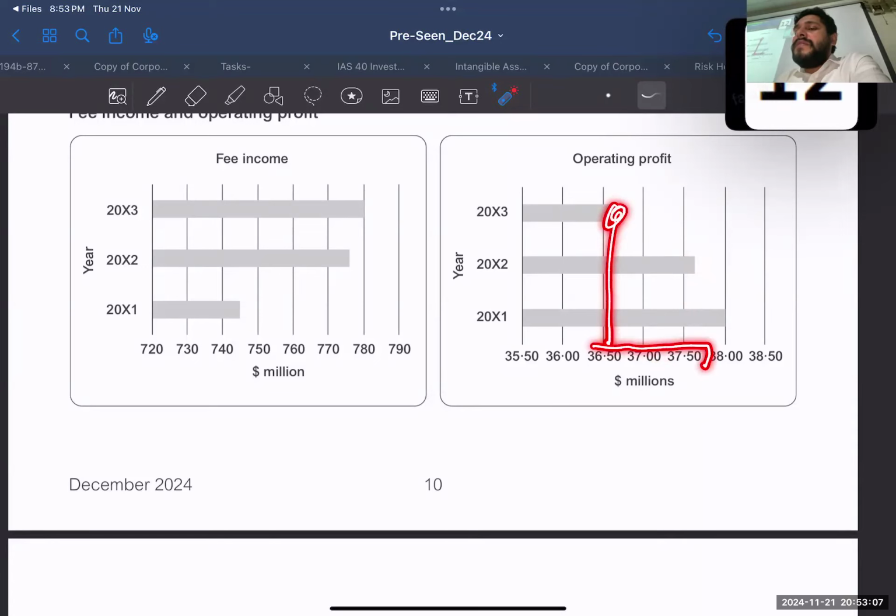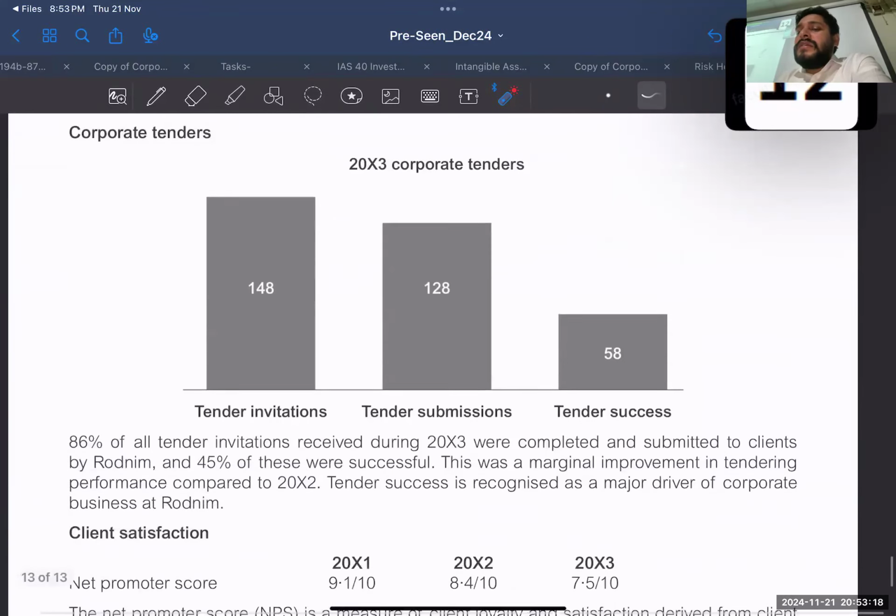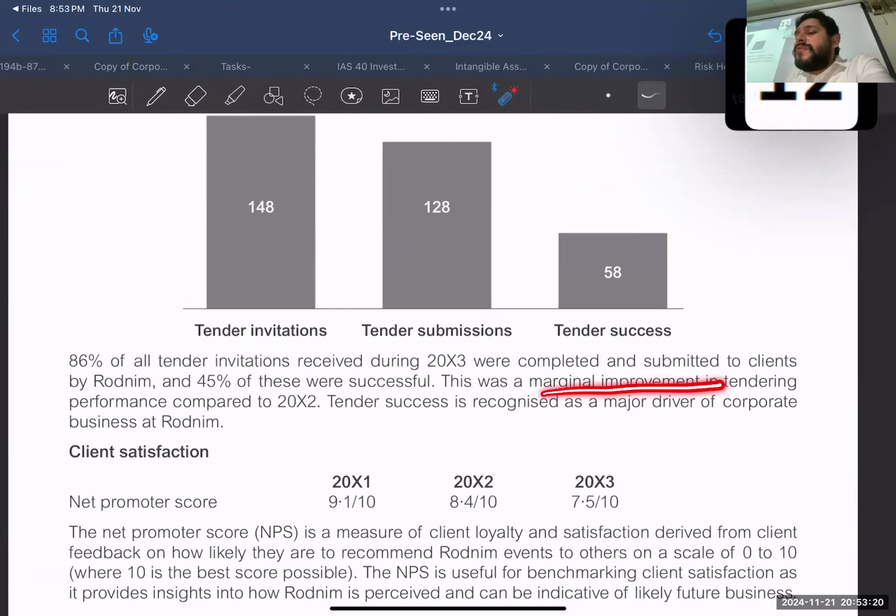So there is a gap between the operating profit of 20x2 and 20x3. So the operating profit margin has decreased. However, it says that there is a marginal improvement. Marginal means some additional improvement in the tender success ratio, which is 45%. So the tender success ratio is improving, which means that the other impact could be fee reduction or cost increment.